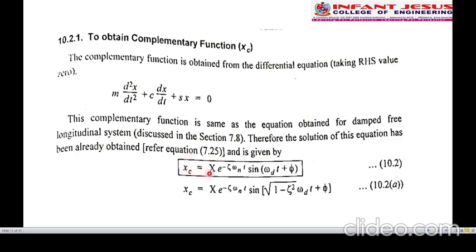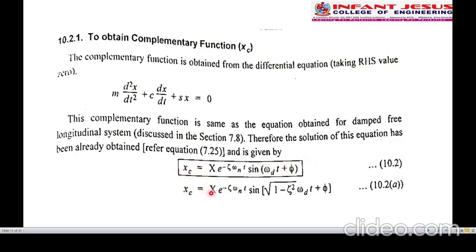The complementary function is equal to x e power minus zeta omega n t sin omega d t plus phi. This derivation we already saw in the third unit.